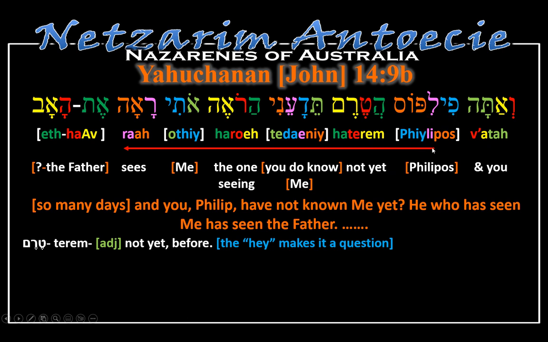Philippos this time. Ha Terem. We should say what it says. So Philippos, which is Philip. Ha Terem, which is not yet. Terem is an adjective meaning not yet or before.